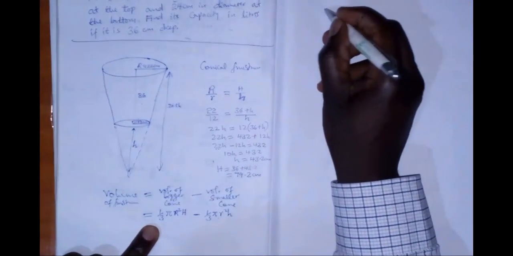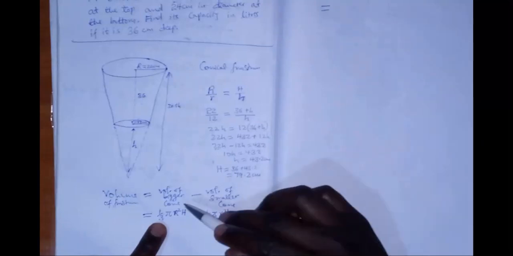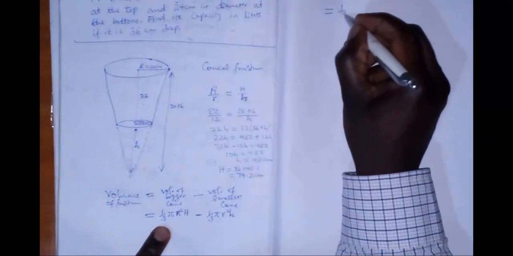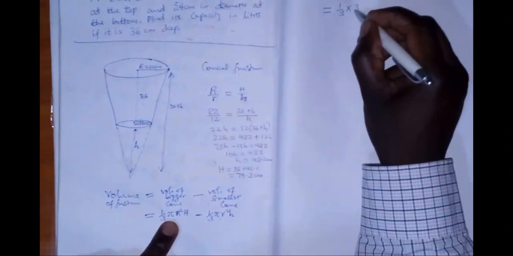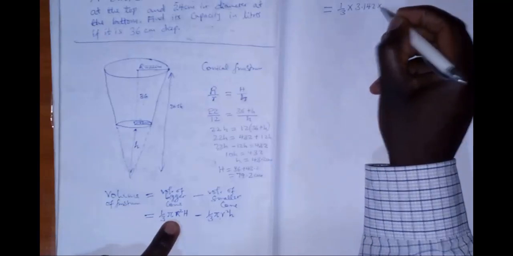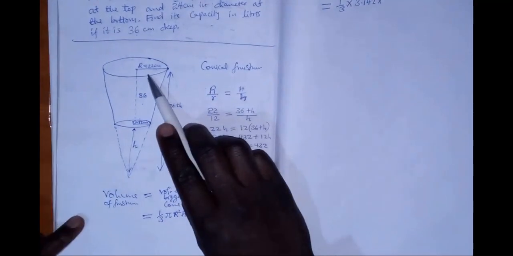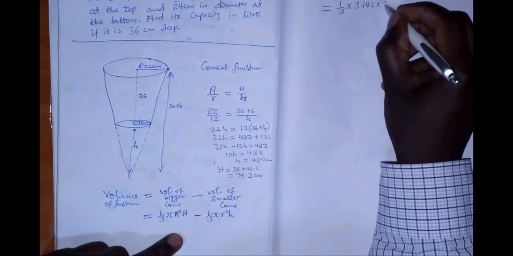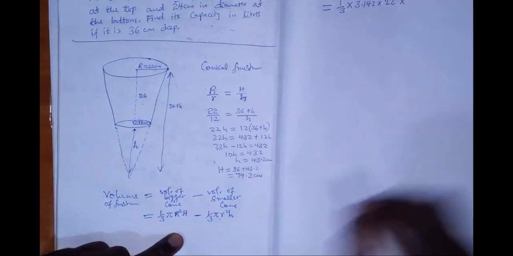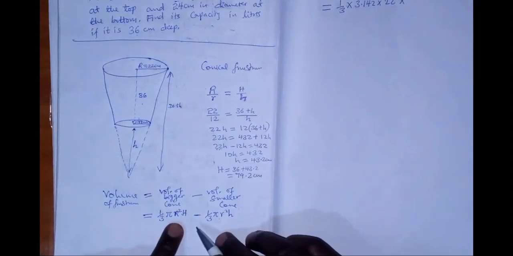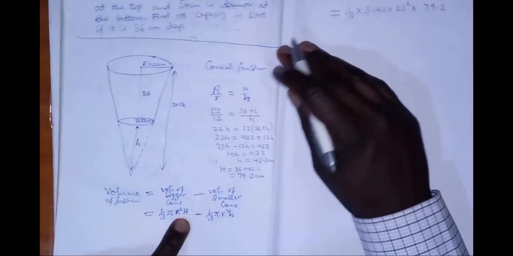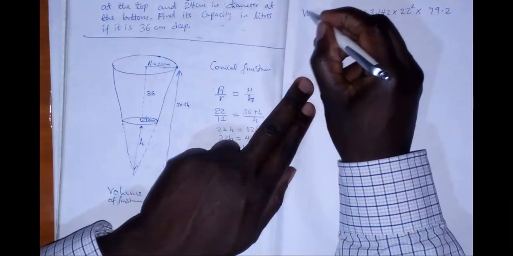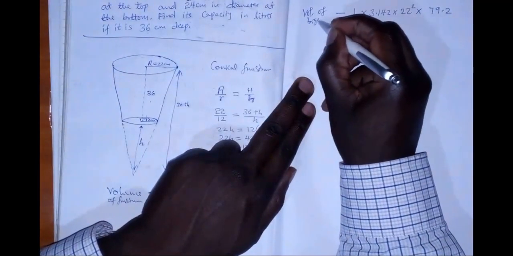So to get the volume of the frustum, now volume of the bigger cone is a third times pi. We are going to use 3.142 times radius of the bigger cone, it is 22, so 22 squared times height of the bigger cone is 79.2. So for this, it is volume of bigger cone.